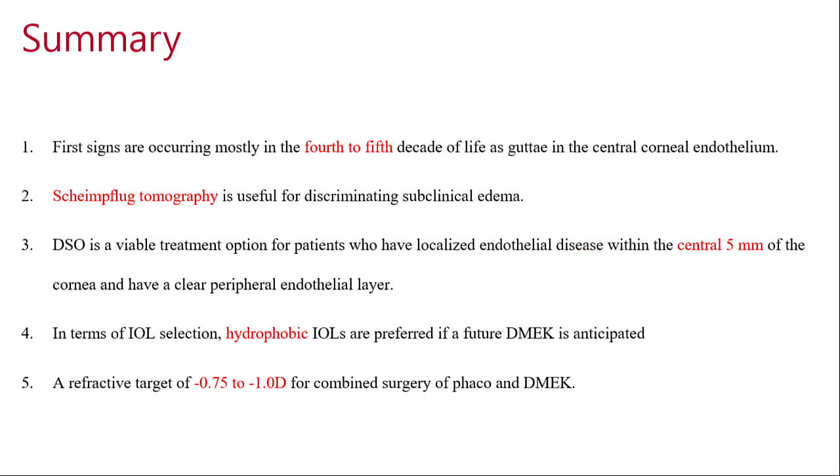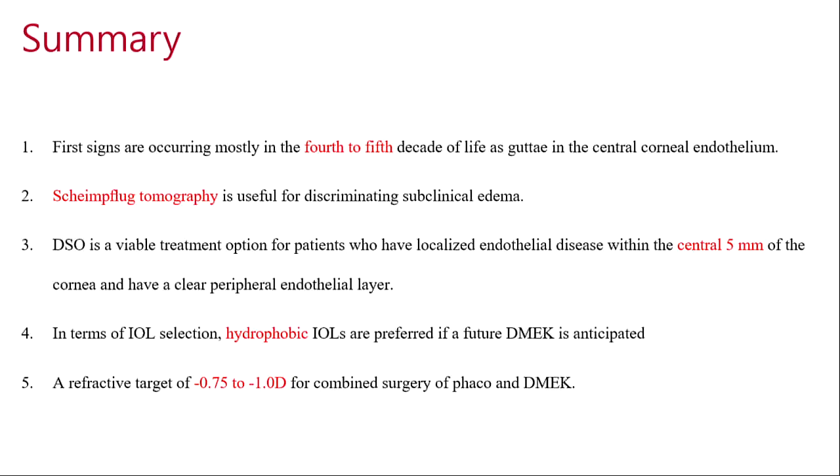This is the summary. First signs occur mostly in the fourth to fifth decade of life as guttae in the central corneal endothelium. Scheimpflug tomography is useful for discriminating subclinical edema. DSO is a viable treatment option for patients who have localized endothelial disease within the central 5 millimeter of the cornea and have a clear peripheral endothelial layer.